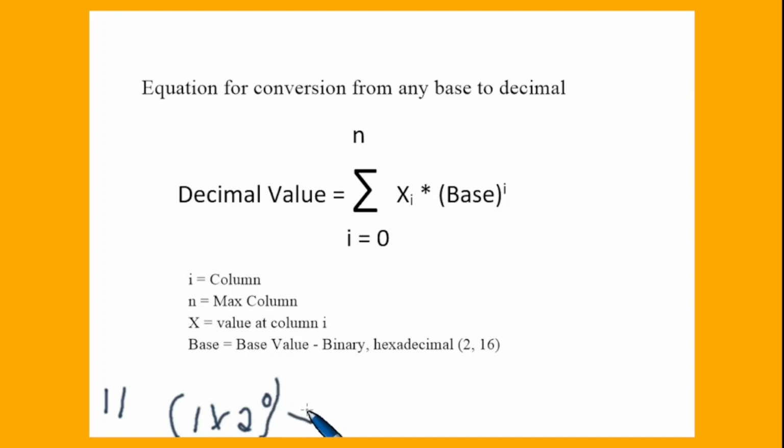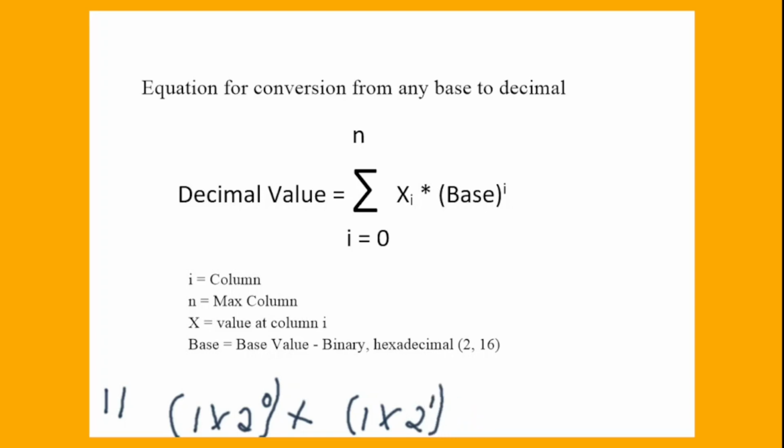And then, because this is a summation, now we're going to add that to the next column, which would be column 1. So that would be 1, which is the value that's there, times 2 to the 1.